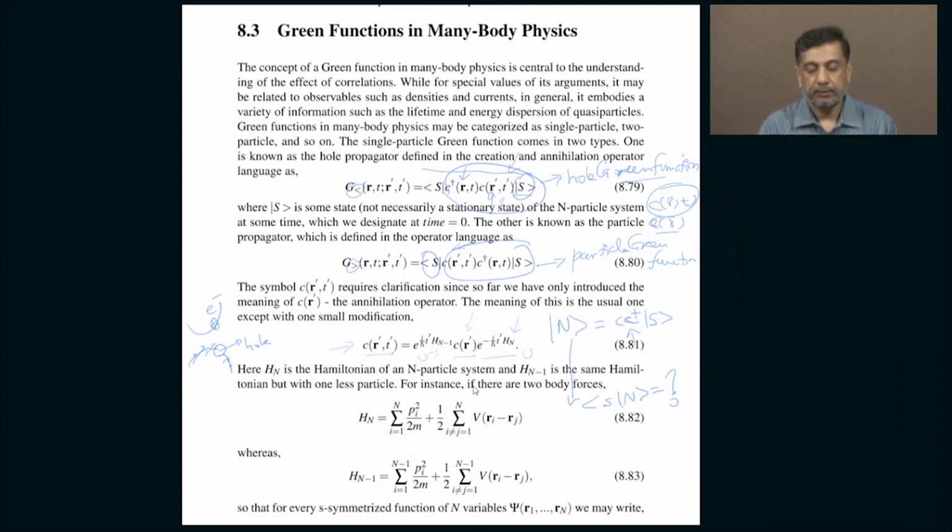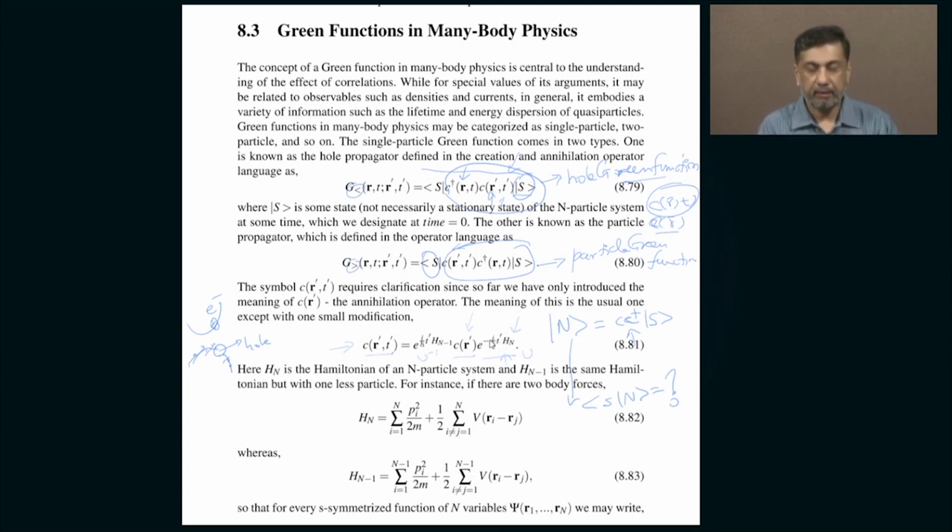But then you see, the moment you annihilate, you are supposed to first evolve the system. If you want to find the time dependence of the annihilation operator, you are supposed to first evolve the system up to time t dash using a Hamiltonian that contains N particles, and then you are supposed to annihilate a particle at position r dash.